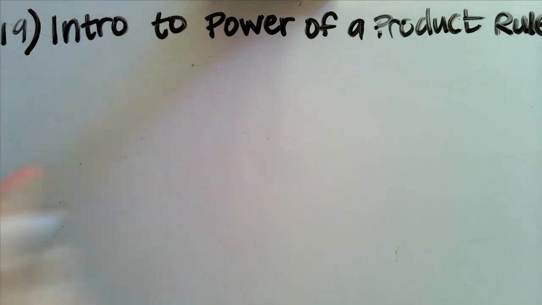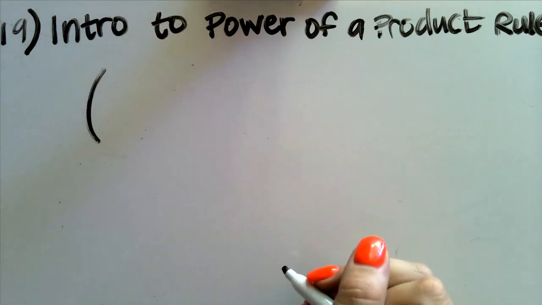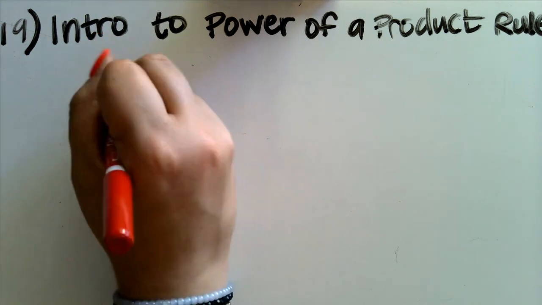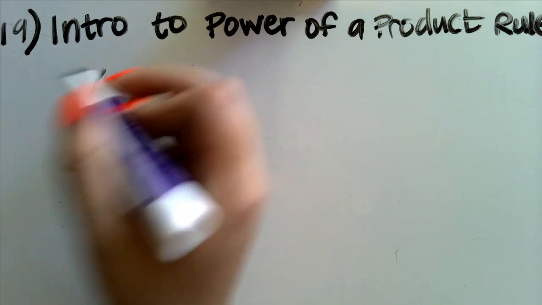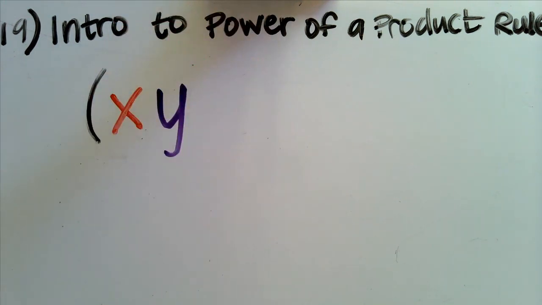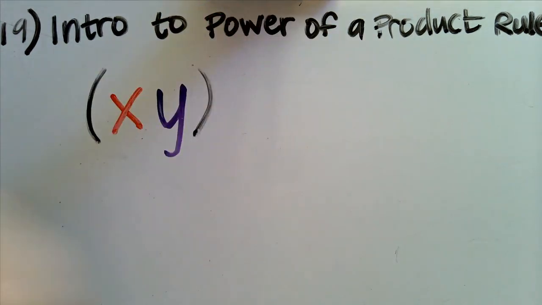We have something sitting inside of the parentheses. I'm going to make this variable x, and we have another variable, y, and then we have an exponent n sitting outside.